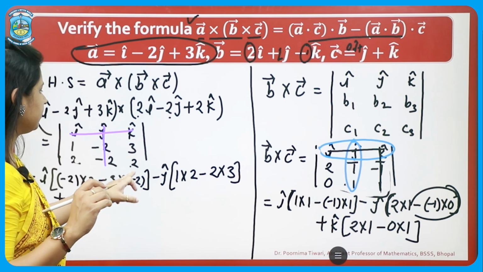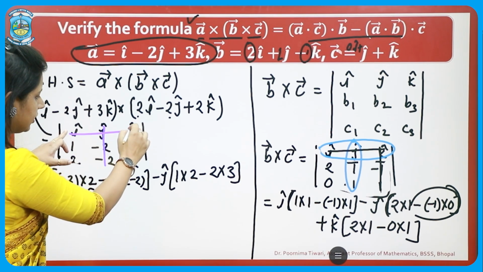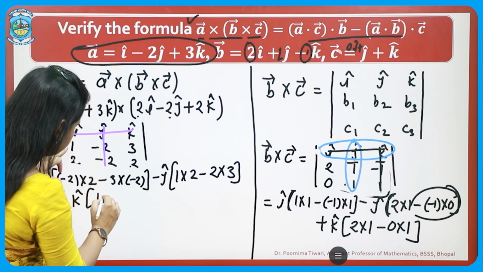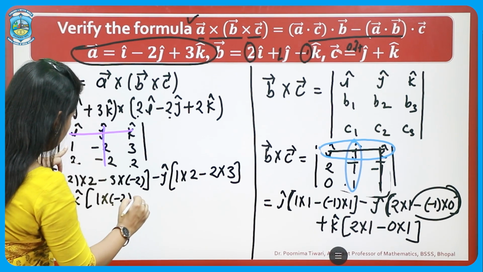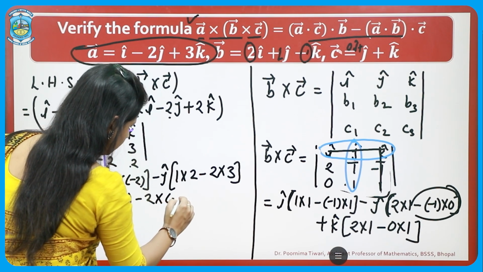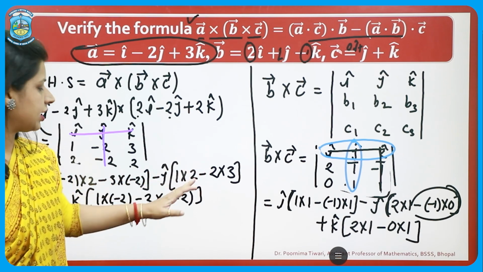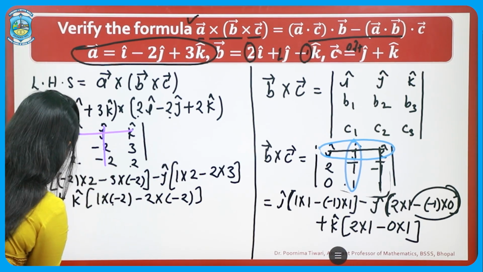Now, we will solve the determinant obtained by deleting the first row and the kth column, that is 1 into minus 2 minus of 2 into minus 2. Now, we have to solve this value.